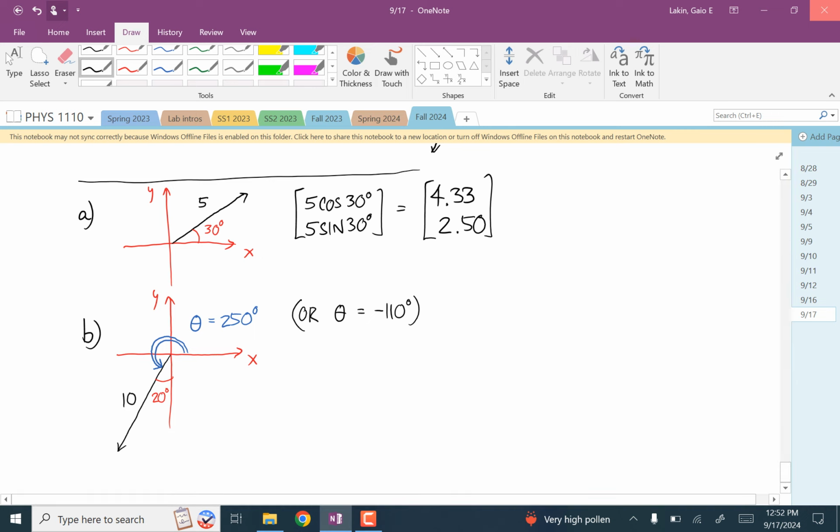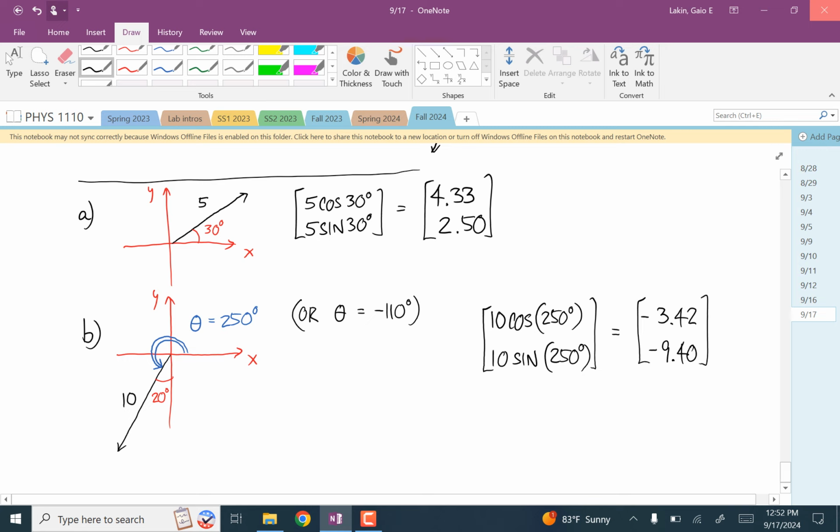And so now put those into cosine and sine, and you get 10 times the cosine of 250, 10 times the sine of 250, is equal to negative 3.42, negative 9.40. Any questions about that one?